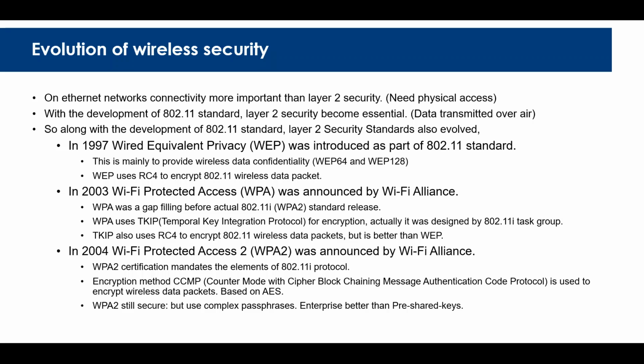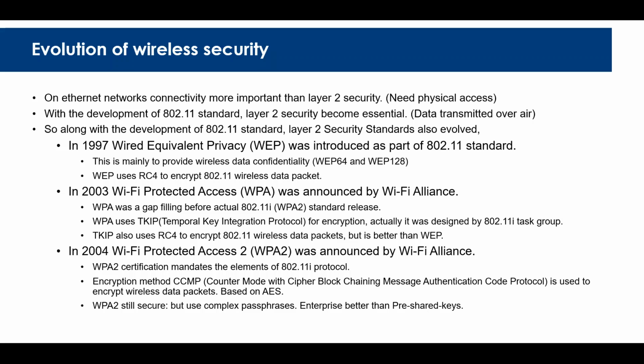In 2004, WPA2 was announced by Wi-Fi Alliance, which mandates all the elements of the 802.11i protocol. WPA2 is considered to be more robust and secure than WPA or WEP. The encryption method used for WPA2 is CCMP, which is based on AES.